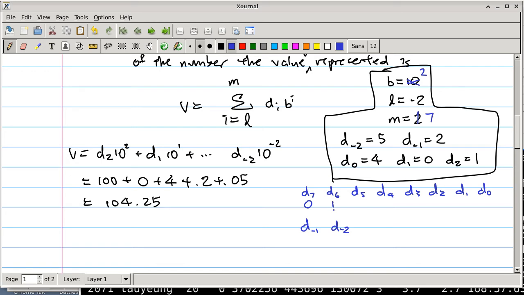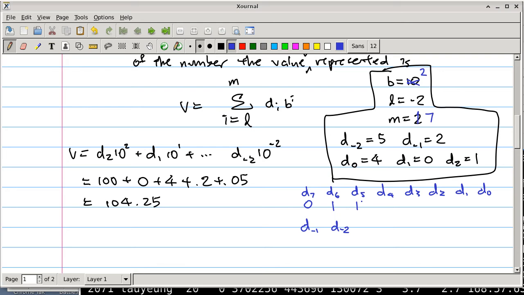Once you take care of the 64, you have 40.25. So in 40.25, do we have a 2 to the power of 5? Yes, because that's a 32. So you say, yep, we need one of those 2 to the power of 5. So that's 32, so we got 8 point something left.